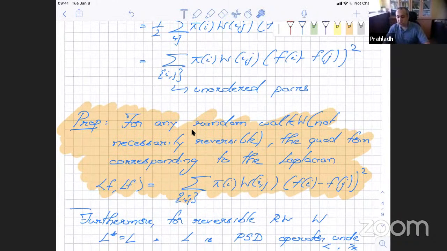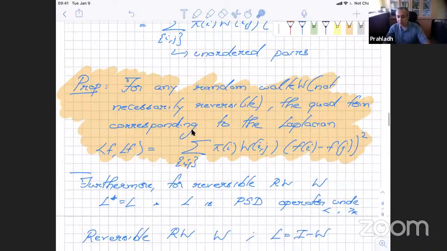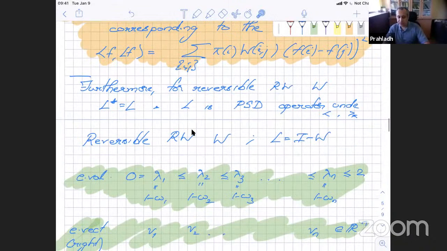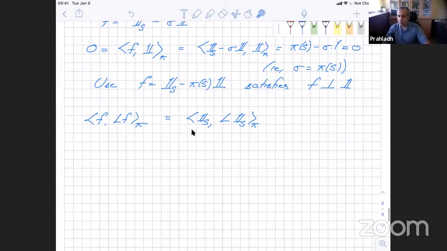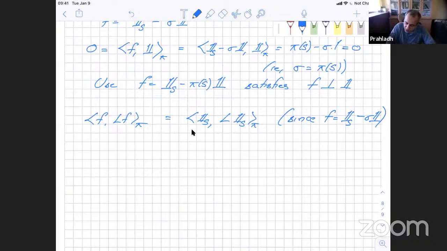And that is unchanged from going from 1s to f, since f is actually 1s minus sigma 1. It's because of that this is true. And the numerator is the same numerator which we wanted.